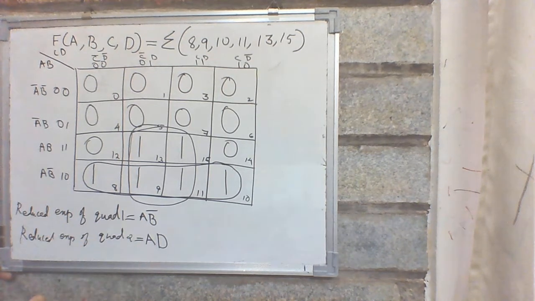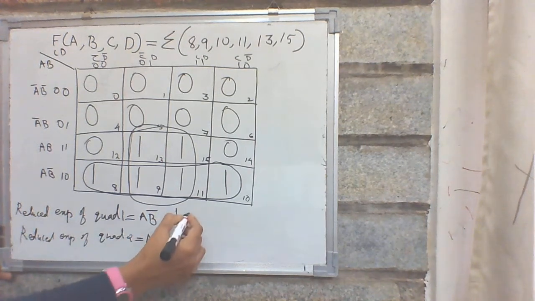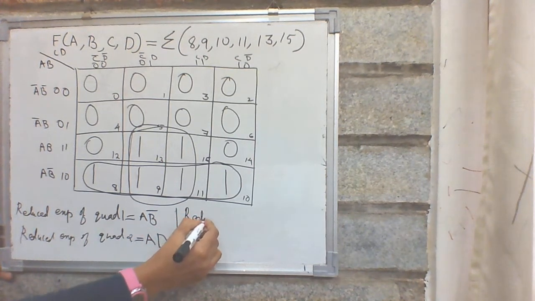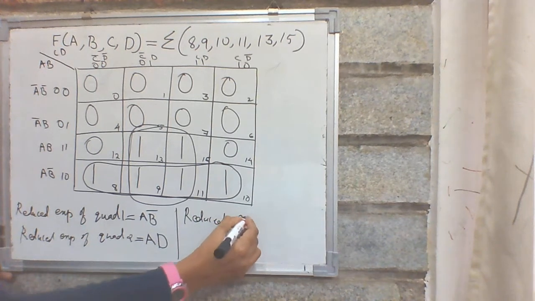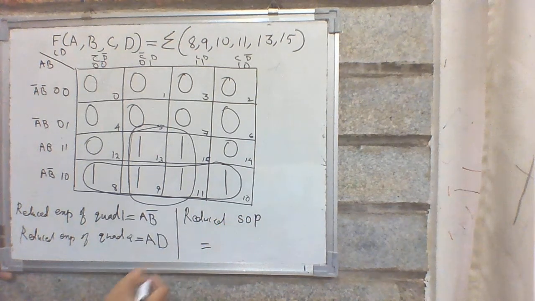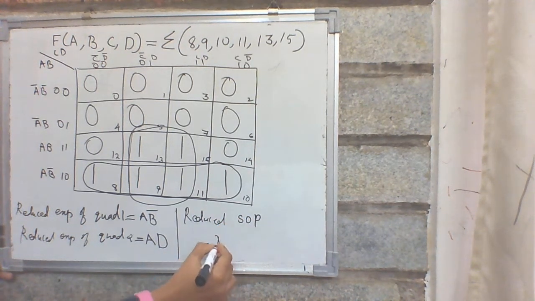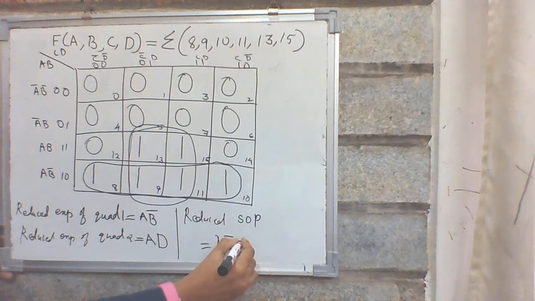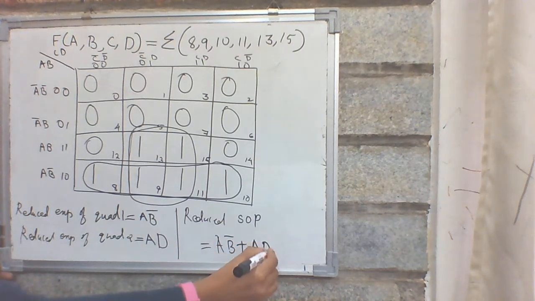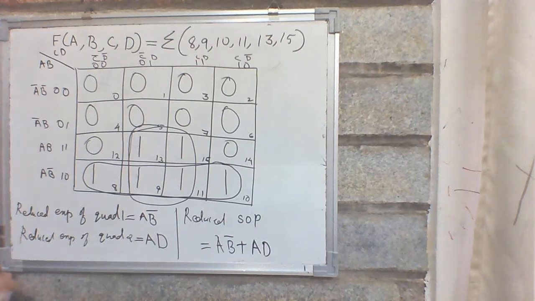The reduced expression of quad 2 is equal to AD. So the reduced SOP is equal to AB bar plus AD. This is the reduced SOP.